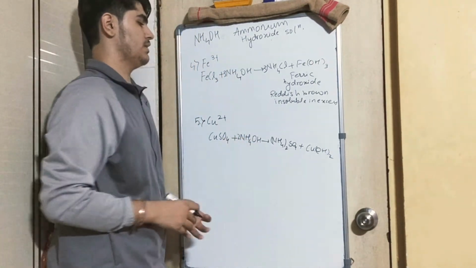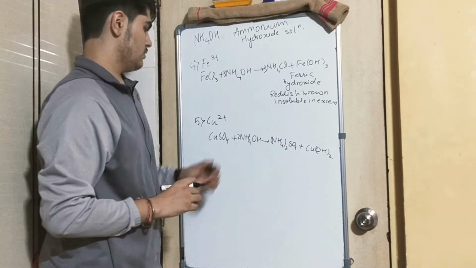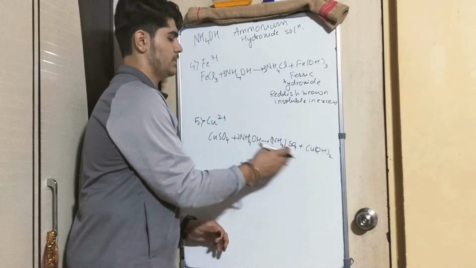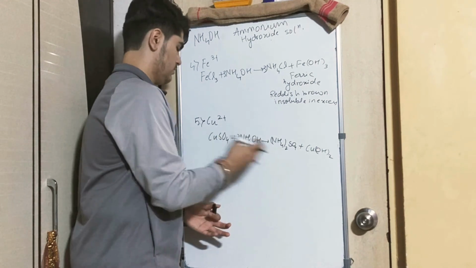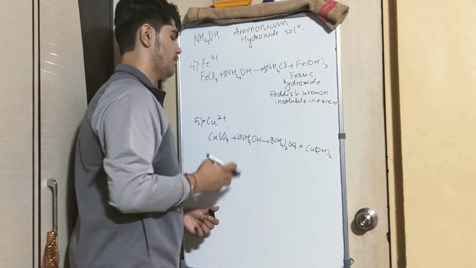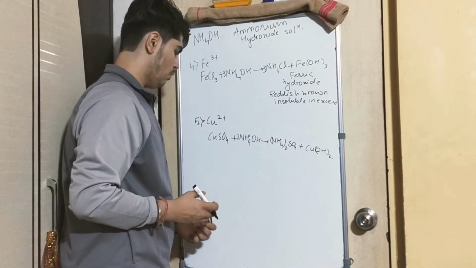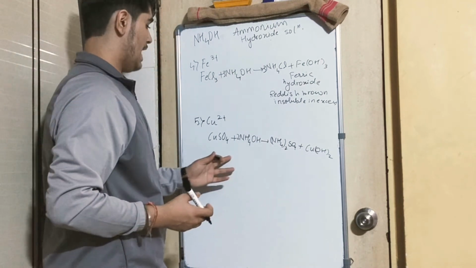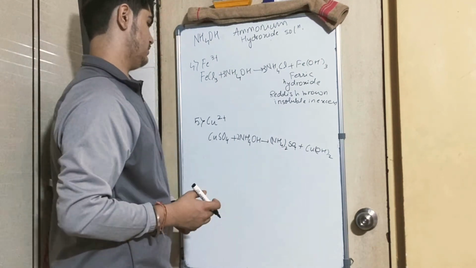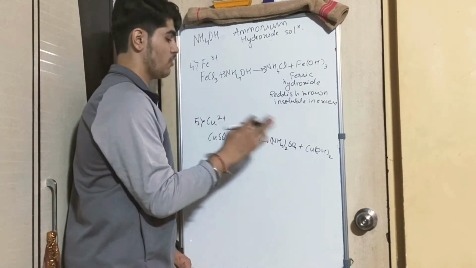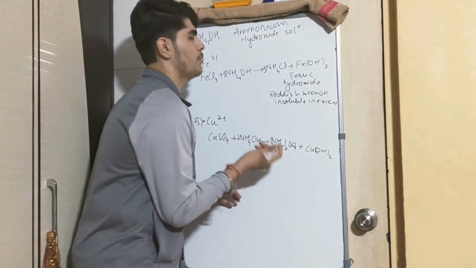To balance, you can easily balance the equation. Just pay attention that there is no change in the number of atoms on both sides. The number of atoms should be same, not number of moles.